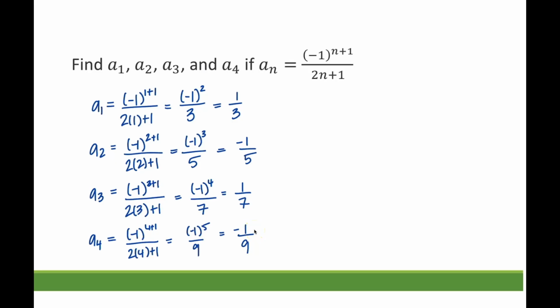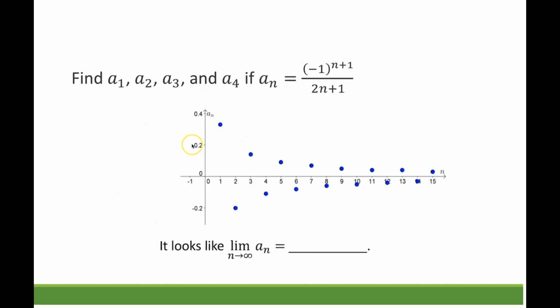So here we can go ahead and list them out. So we have 1/3, negative 1/5, 1/7, negative 1/9, and so on. Here we have a graphical representation of that sequence, that discrete function.